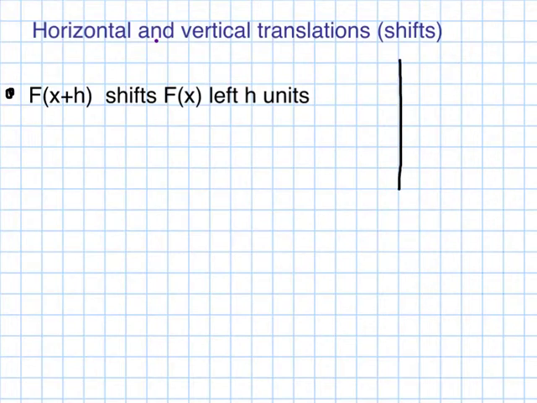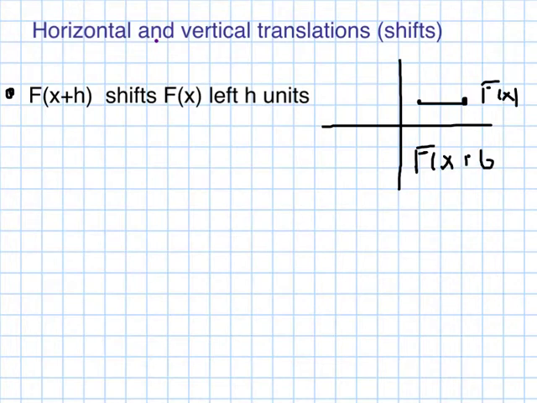I have this graph here, and maybe I just have this line. We'll do something really simple. If this is my f of x and I want to find f of x plus 6, what I just need to do is take each one of my points here. So I have the point 1, 1.